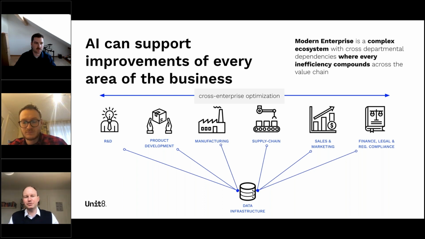And if you imagine that you only improve a small issue in each of these components, it really compounds across the whole value chain, and you can reach big benefits. And of course, all of this depends on a solid data infrastructure with good data availability and quality.